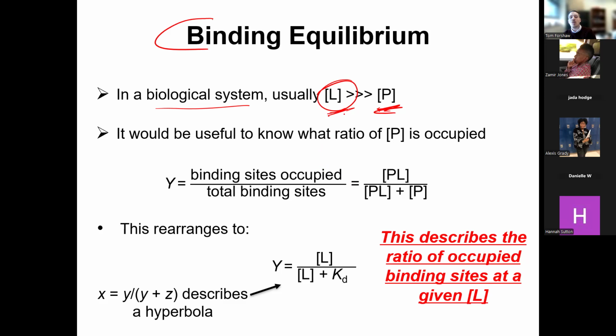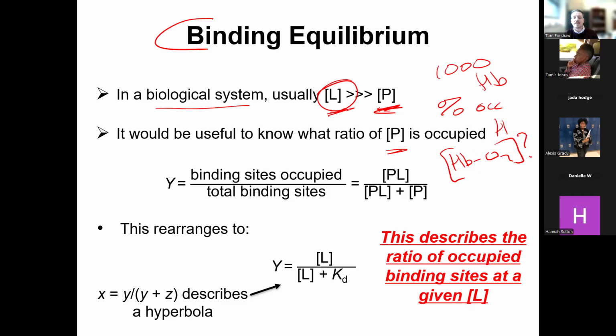And so actually it'd be quite good to know that at different concentrations of ligand, how much of the protein is occupied, right? If I've got, let's say, 1,000 hemoglobins, which I'll give the abbreviation Hb, what percentage of them are in a hemoglobin-oxygen complex at different concentrations of oxygen?